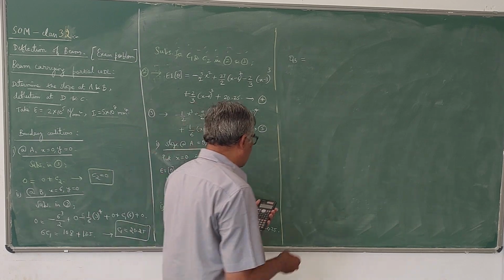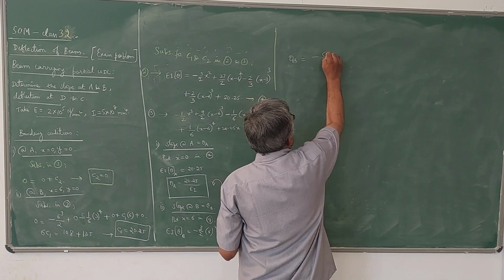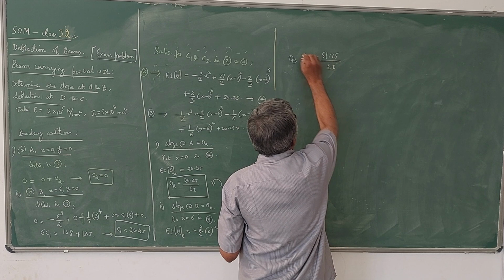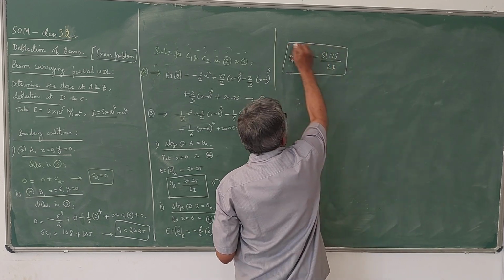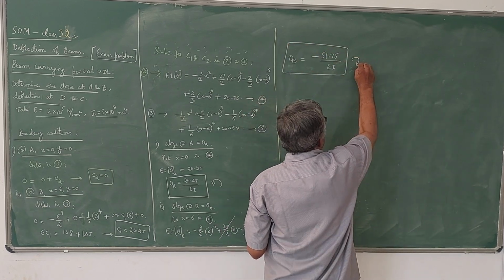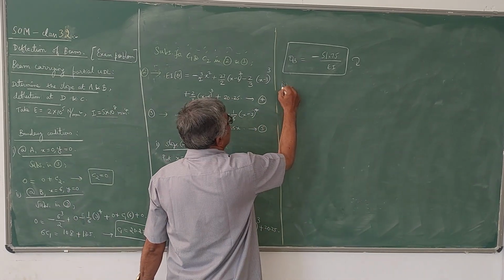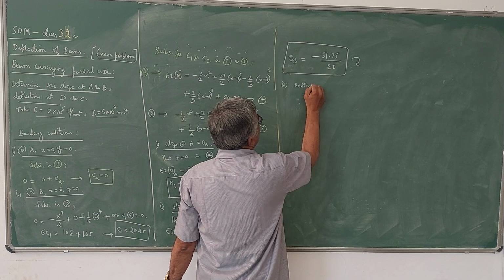So this is minus 51.75. Minus 51.75 divided by EI. So here it is negative. Negative means it is clockwise. Slope is clockwise. Our rotation is clockwise. Then the third value I need deflection at D. Deflection at D.